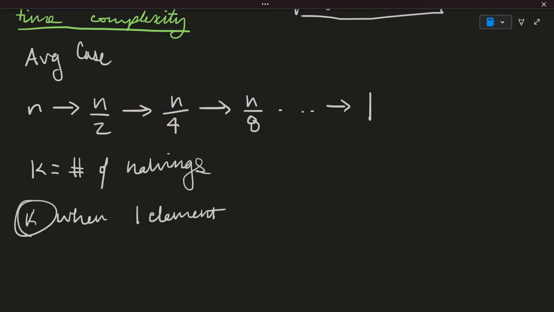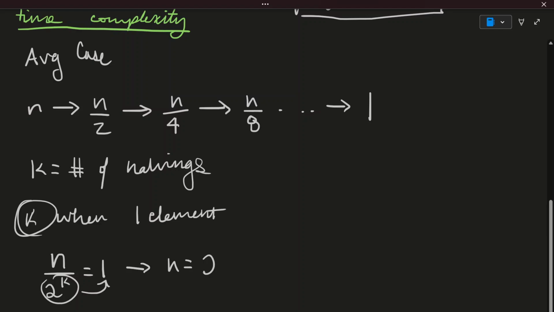We want to find out what k is, so we can make a little formula for this. So n over 2^k equals 1. And now we have to solve for k. So you can move this up here: n equals 2^k.